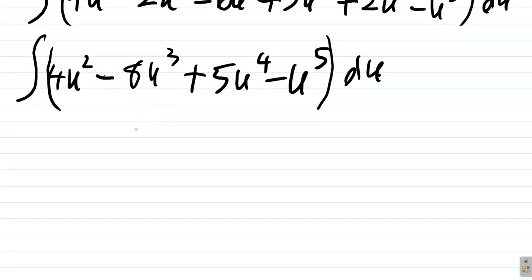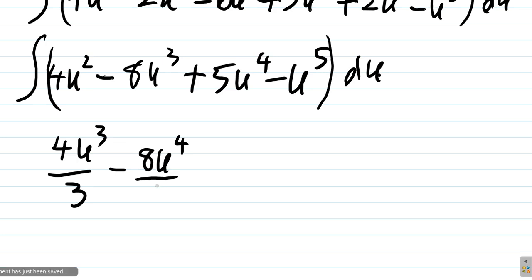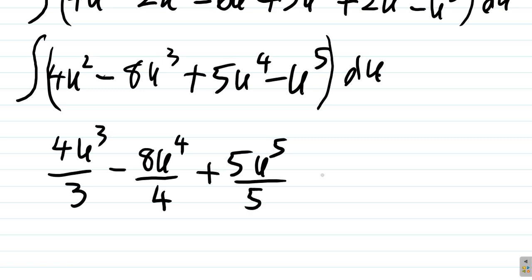So it's time to integrate. This will be 4u cubed divided by 3 minus 8u to the fourth divided by 4 plus 5u to the fifth power divided by 5 minus u to the sixth power divided by 6, plus c.